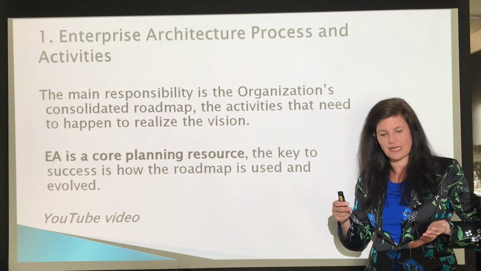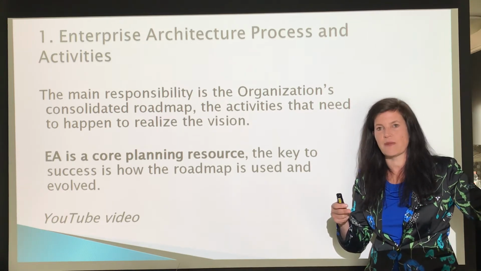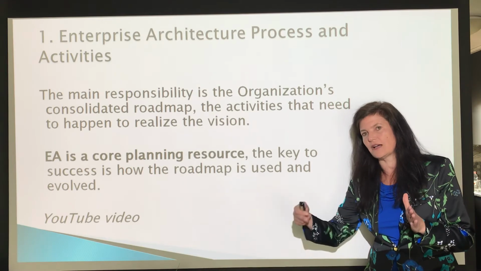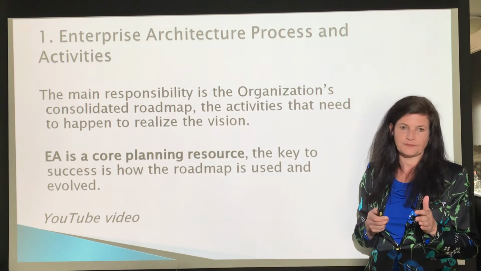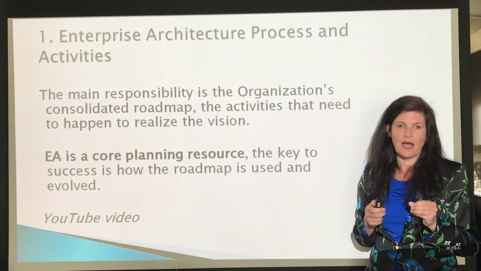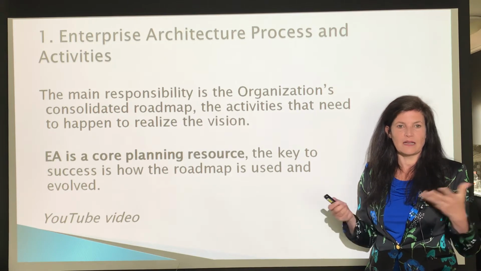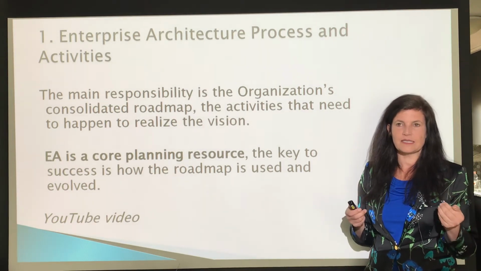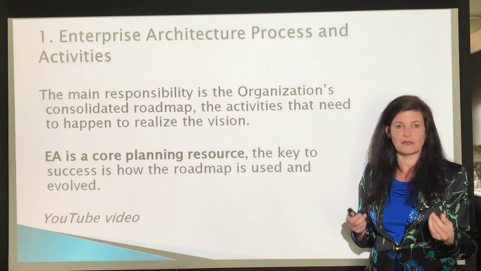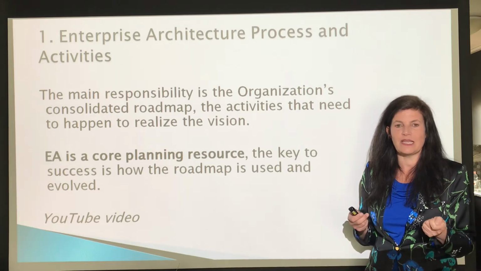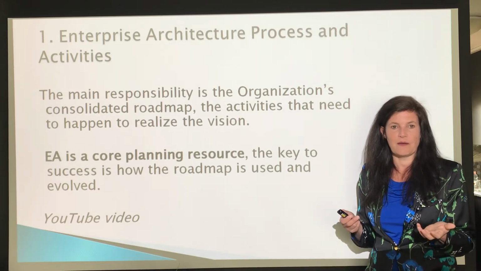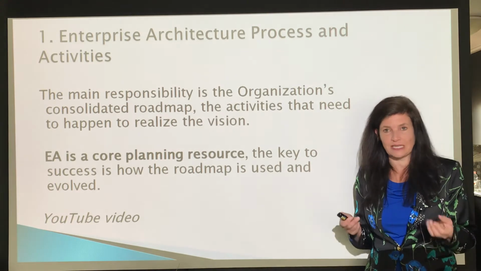So as things get finished, they come off the roadmap, and then you work a little more detail further along. And then, like I said too, keeping this evolution of this roadmap going is what the EA team members need to be strategically positioned to do.